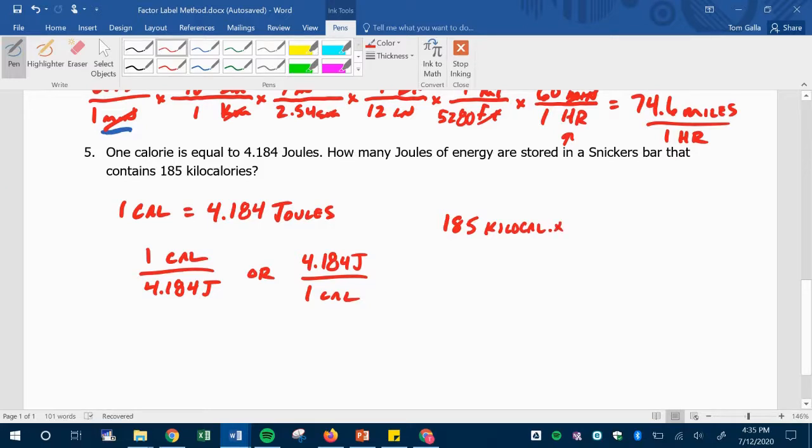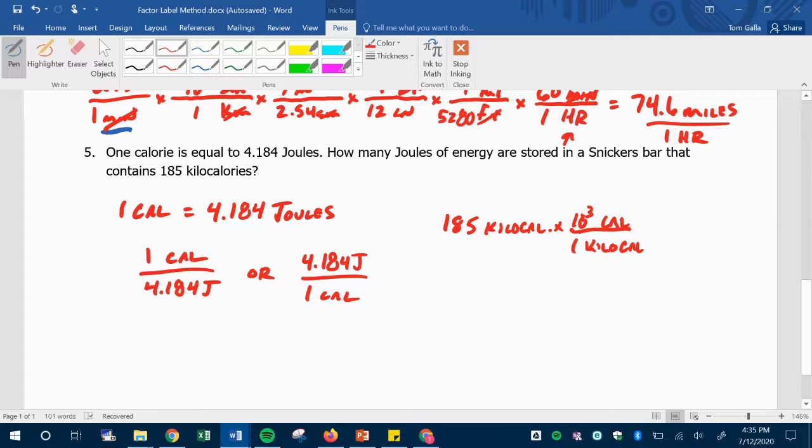So just like with the metric system, kilo represents 1,000 times the base unit. And so our base unit in this case would be calories. And so we have regular calories on top, kilocalories on the bottom. And for this, a regular calorie would be 10 to the third, and that would be equal to 1 kilocalorie.